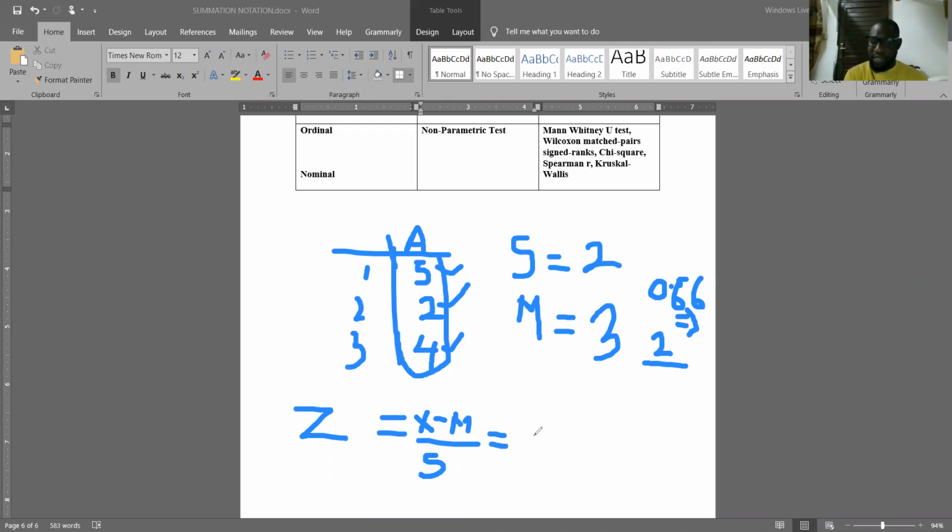This time our raw score is 2, so it will be 2 minus 3, over the standard deviation. This gives us negative 1 over 3, and that will be our z-score when our raw score is 2: -0.333.